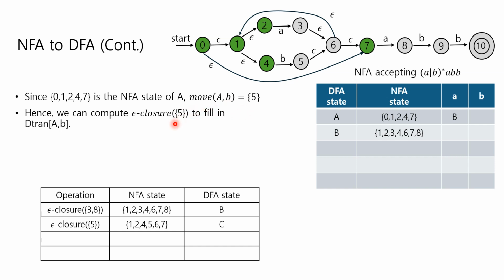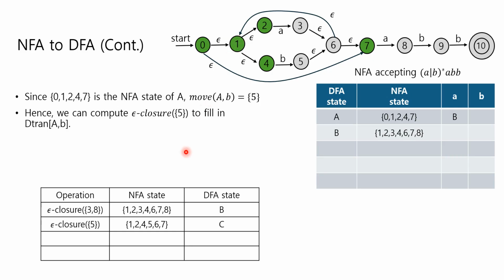So we compute the epsilon closure of 5, which is the epsilon closure of move over A, b. We try to find the states reachable from state 5. State 0 is not reachable from state 5. State 1 is reachable through 5 to 6 to 1 on epsilon transitions alone.